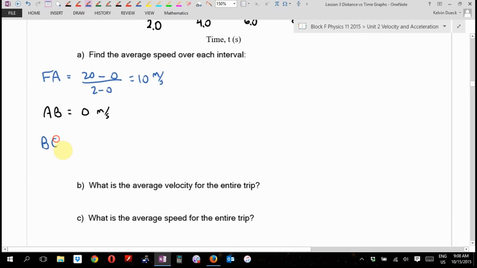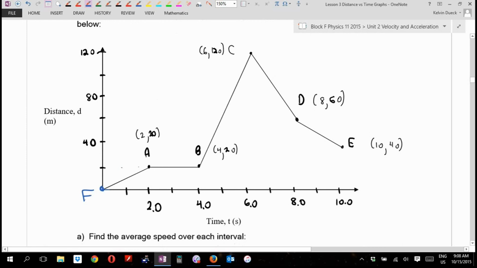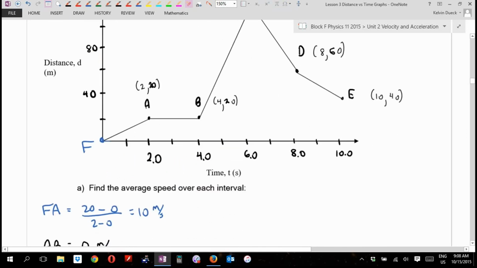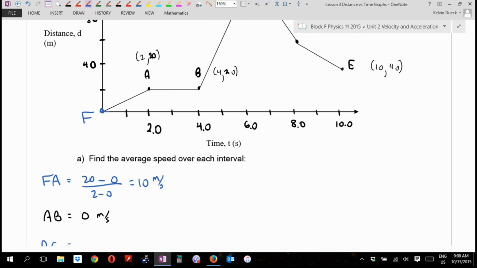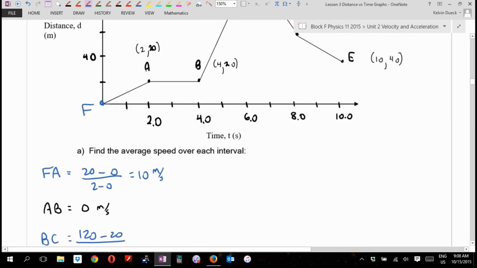BC. A lot of kids want to go, isn't it 120 divided by 6? Well, how high is this? 120? How high is B? 20. So I think the rise is going to be 120 minus 20, 100, over what's the run?